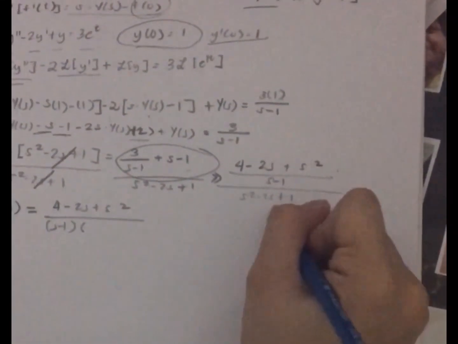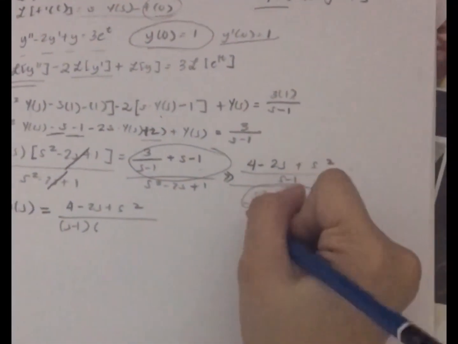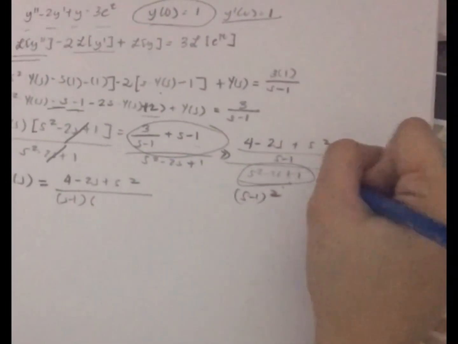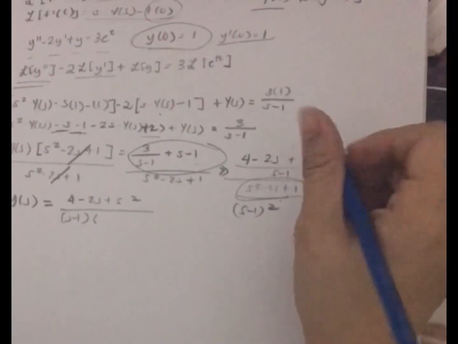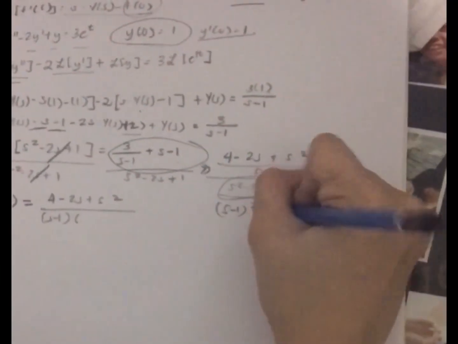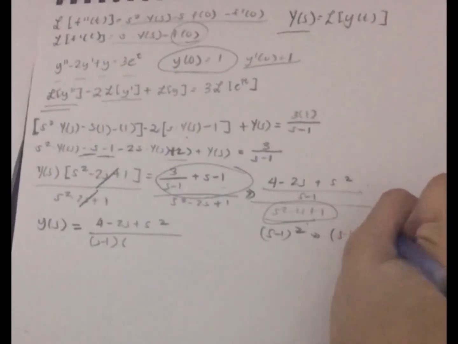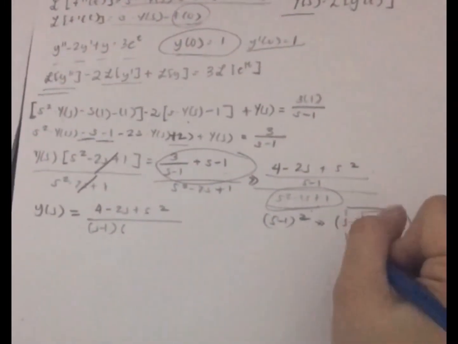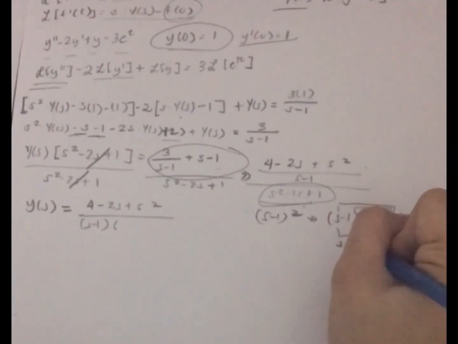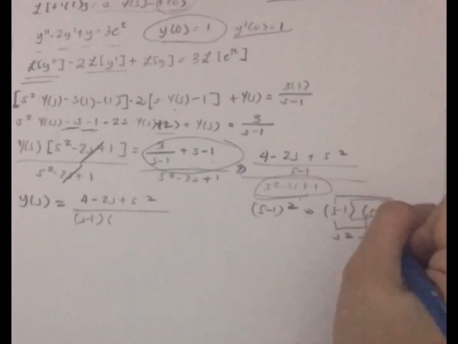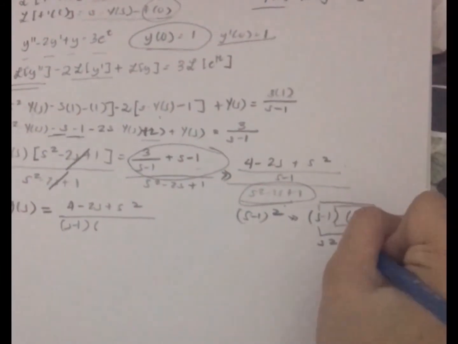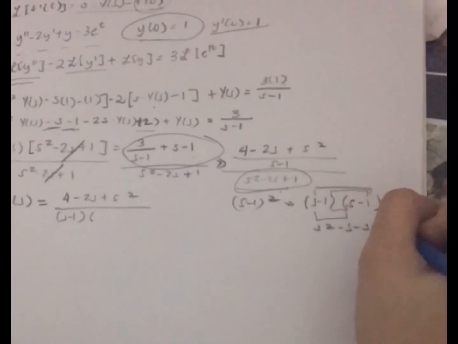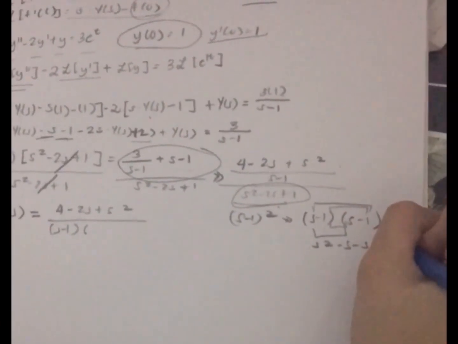Okay, s squared minus 2s plus 1 is also equivalent to s minus 1 squared. By rechecking it, you should use the FOIL method for easy understanding. So, we need s minus 1 times s minus 1. Use the FOIL: first, outside, inside, and last. S squared. Negative s, the inside is negative s also, and the last should be negative times negative 1 is positive 1.